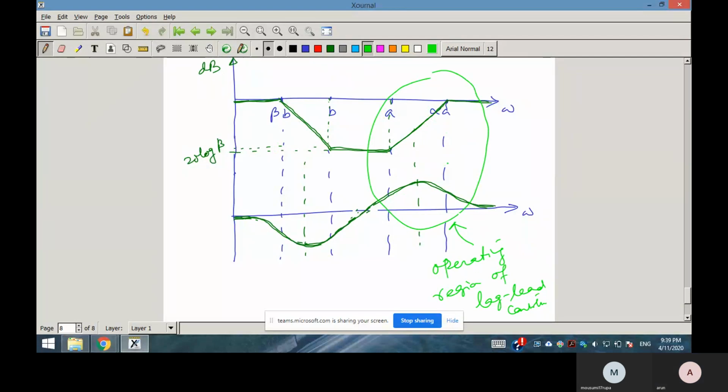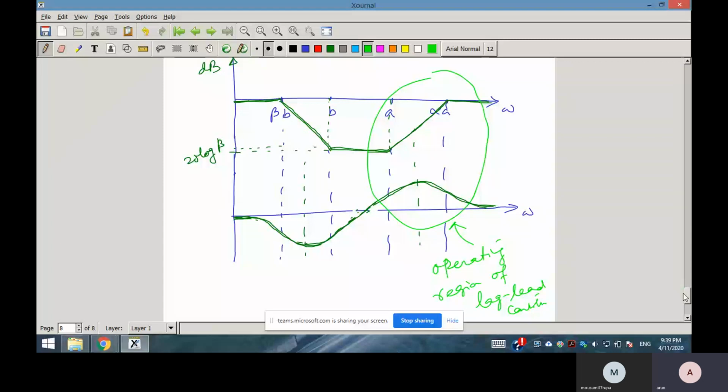You will get phase lag and gain amplification, which is the straight opposite kind of combination. So if A is less than B, you will get phase lag and gain amplification, which will not be of any use as far as control design is concerned.